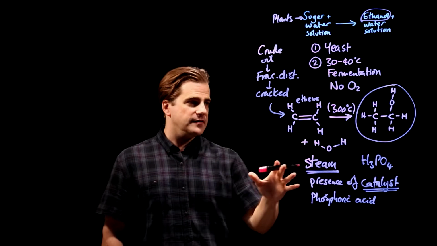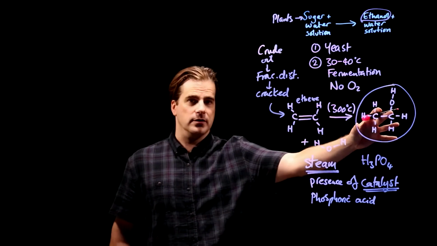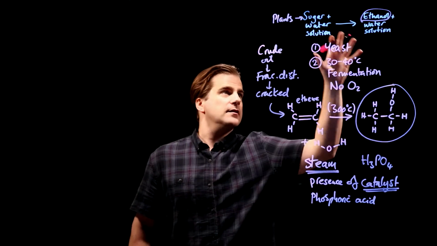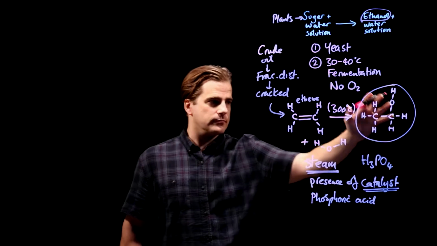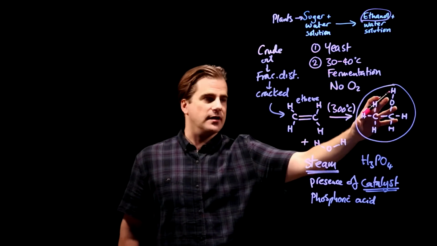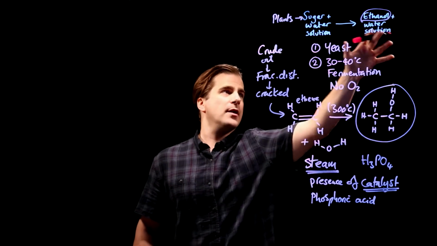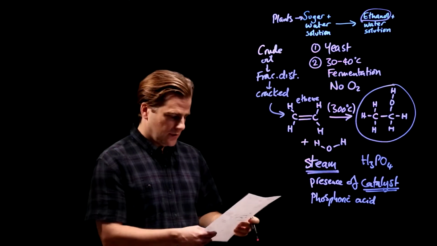So the reason is this crude oil method produces pure ethanol. The explanation is that this is the only product on the right hand side of the equation, whereas with the plant method it has to be separated from the water solution.